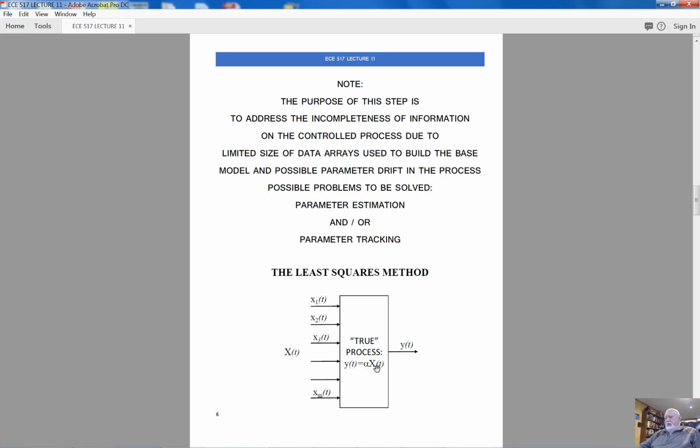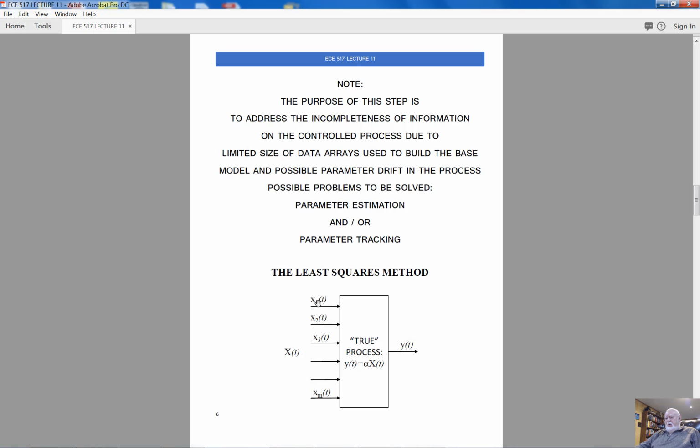We are assuming that the process has one output and m inputs. I guess this vector alpha should be transposed. In this case, we would surely get the scalar by multiplying alpha by x.